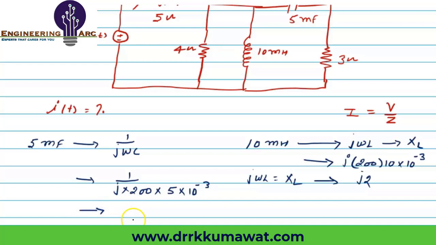This gives minus j, which is XC, or 1 upon j omega C.